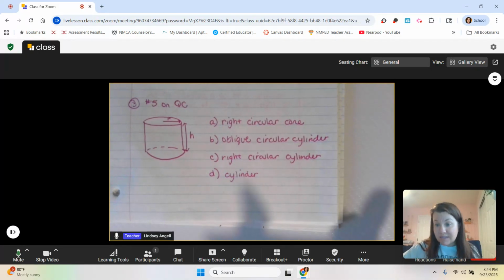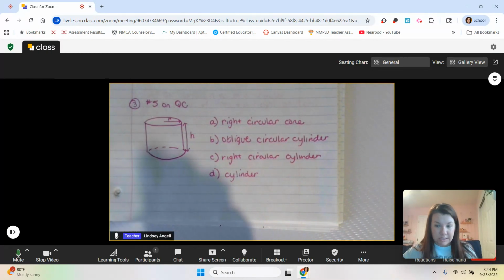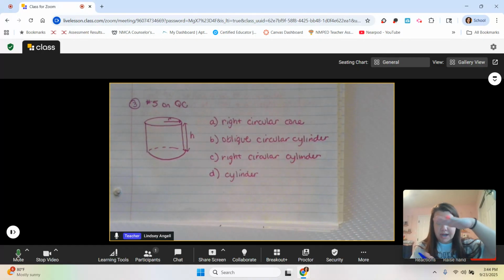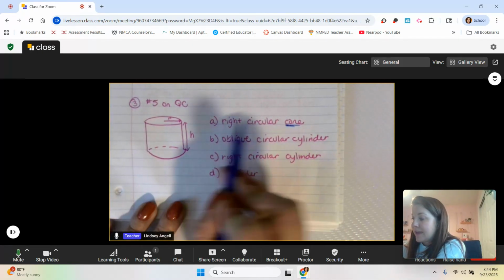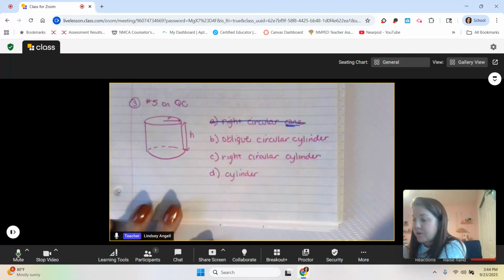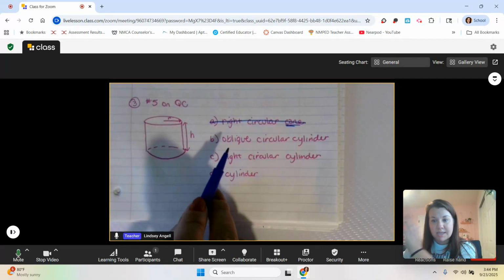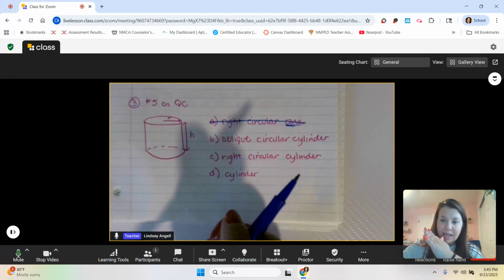Number three, this is number 5 from your quick check. So again, definition heavy. We have this cylinder, and we need to name it. First off, it's a cylinder. It has two bases that are circles. That's what makes it a cylinder, so right off the bat, it can't be a cone. Now oblique means, and you'll see this in your lesson, that it's leaning over.